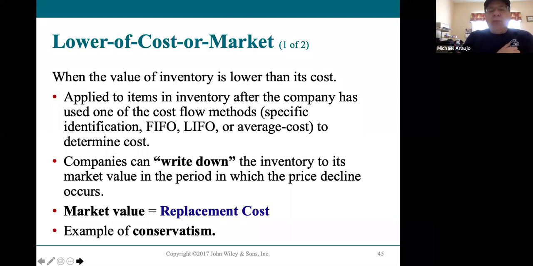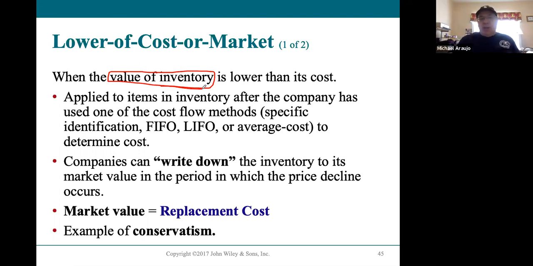One of the interesting things about inventory is it's an asset account, and we cannot overstate the value of our assets on the balance sheet, okay? There are several principles we learned back in chapter 2 and for GAAP. One of them is historical cost.